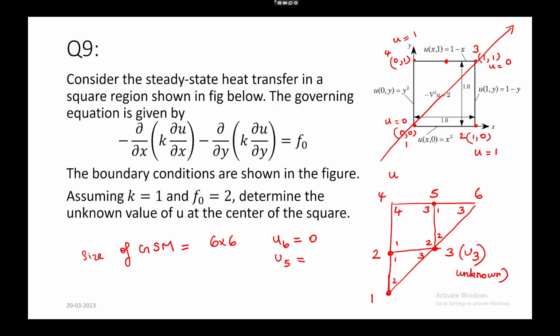Yes, if we look at the previous examples, try to assemble the global stiffness matrix. If you calculate the boundary terms, you will be able to get what is u3, right? Which means you have to simply consider this third row into this thing.